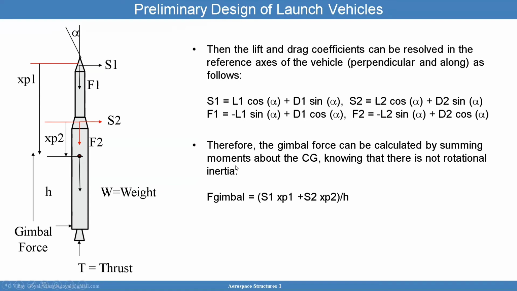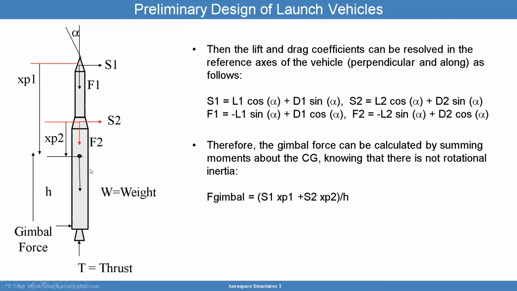therefore, the gimbal force, because you're going to have a gimbal force that has to react S1 and S2, can be calculated by summing moments about the CG, knowing that you don't want this to start rotating like a pencil. You want to make sure that things are in balance. Otherwise, if they start to rotate like a pencil, that could be a problem.